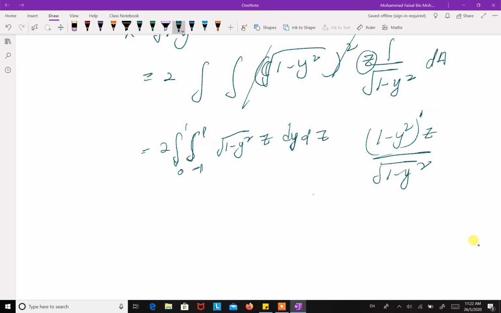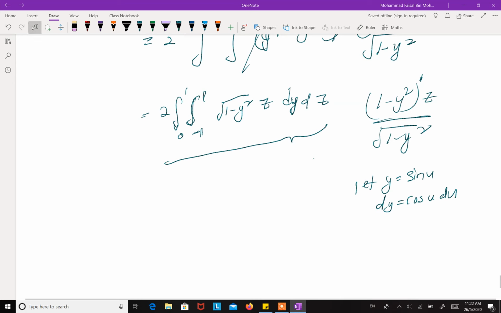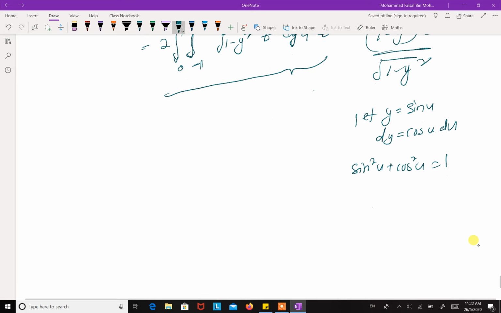So you can't integrate this directly. You have to let y equals sine u and dy equals cos u du. Also you have to use sine squared u plus cos squared u equals 1. So cos u will be square root 1 minus sine squared u.